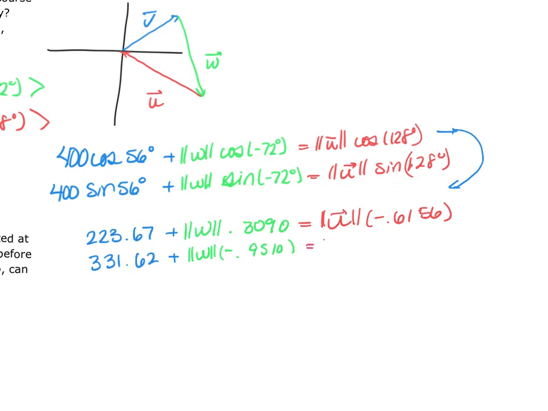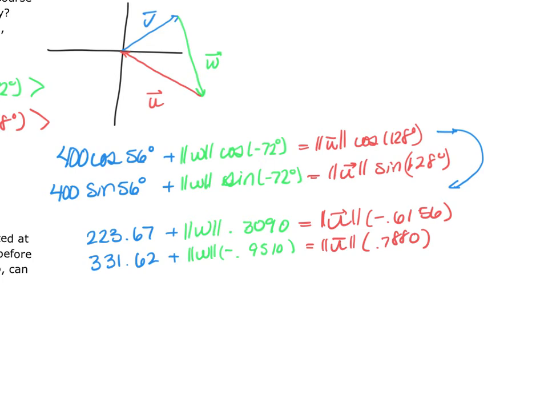And it's going to be equal to the magnitude of u and then the sine of 128 degrees, which gives me 0.7880. I have two equations. I have two unknowns. However you want to solve for it is your choice.